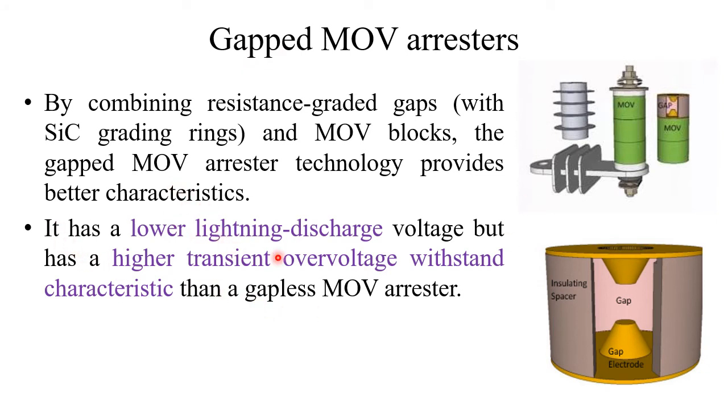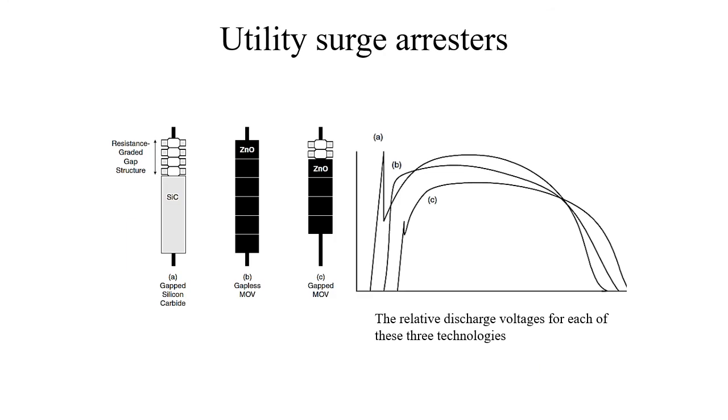When this combination happens, it has a lower lightning discharge voltage and higher transient over voltage withstanding characteristics when compared to the gapless MOV arresters. So this gives better performance than both silicon carbide arresters and gapless MOV arresters.